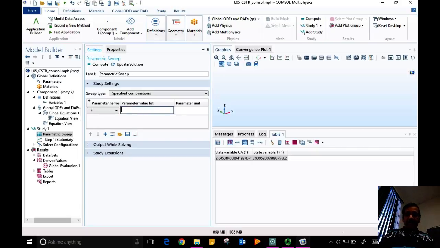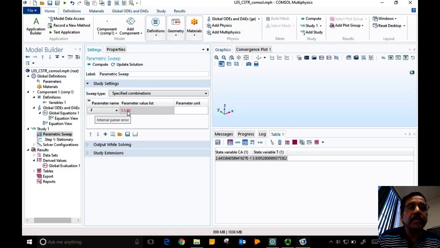Here I can use that syntax, MATLAB syntax, 1:1:30, for example. Internal parser error, okay, it doesn't accept that either. Range, okay.